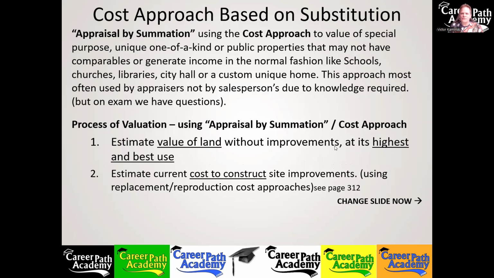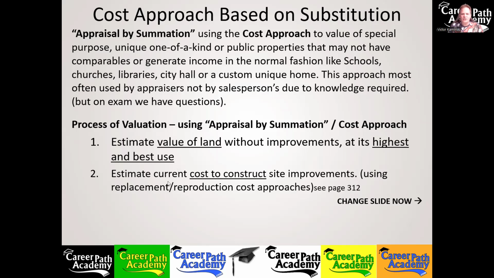Okay. But make sure you write that term down. You need to know that one for exam too. Highest and best use. So basically, you try to determine the value of the land put to its highest and best use, the most profitable use that it could be adapted to, or use that's most going to be in demand for that land in the reasonably near future.